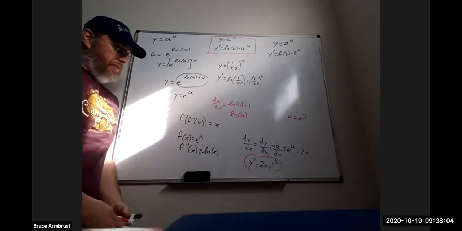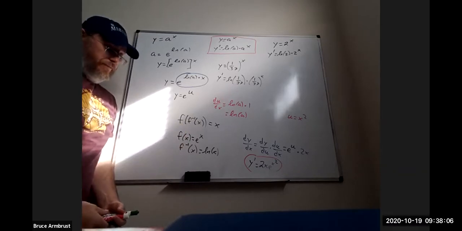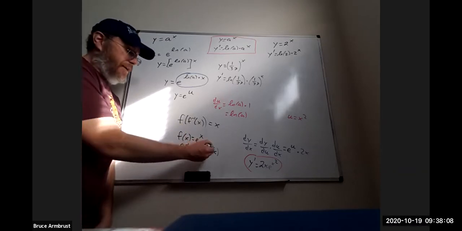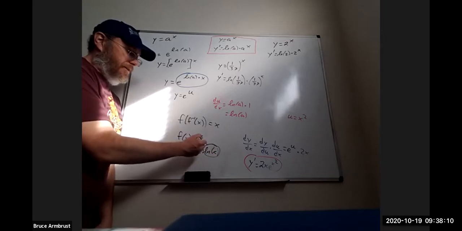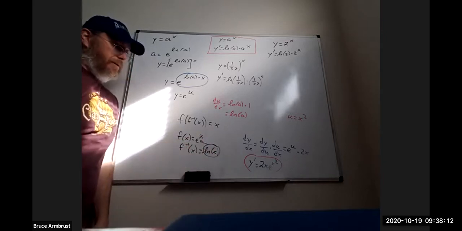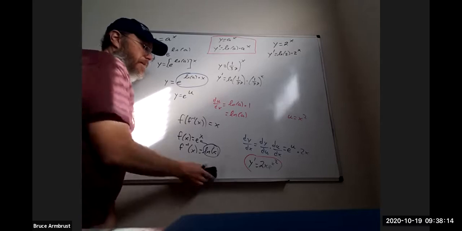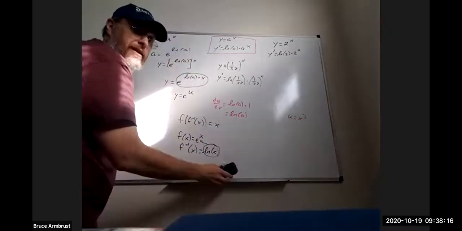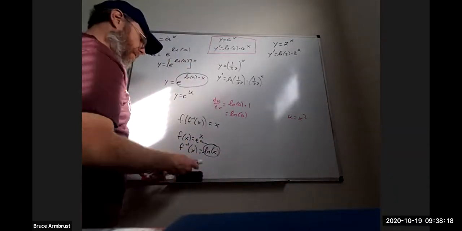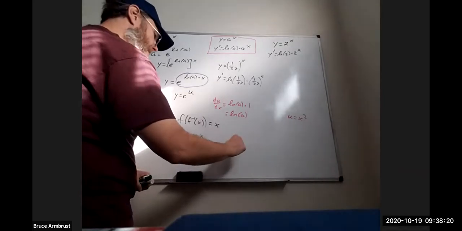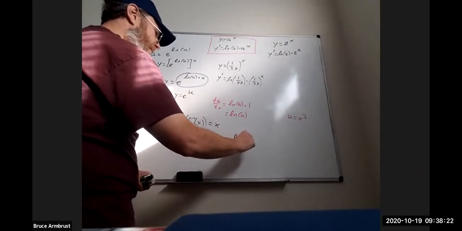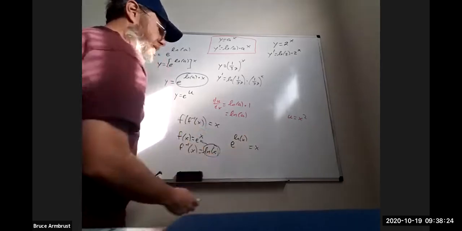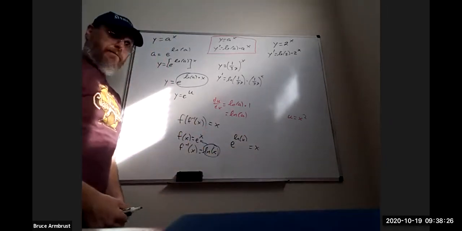And so if I compose these, that's putting the natural log into the exponent. And so what we get is e to the natural log of x is equal to x.